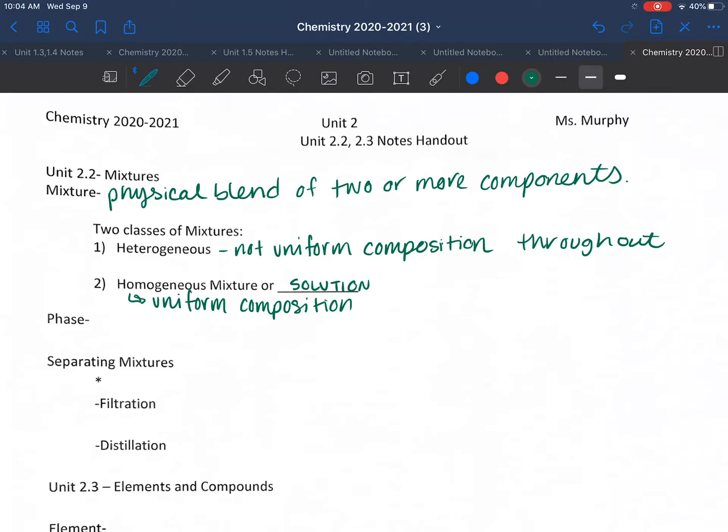It's important here to define phase, because phases are what make up heterogeneous and homogeneous mixtures. The phase describes any part of a sample with uniform composition and properties.